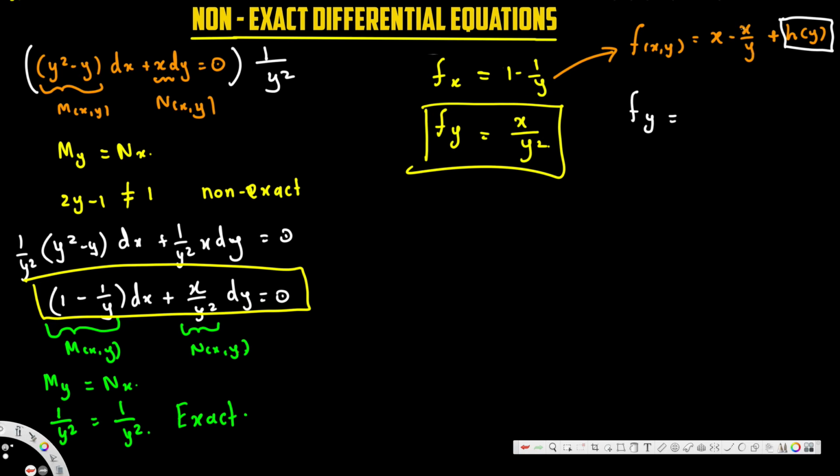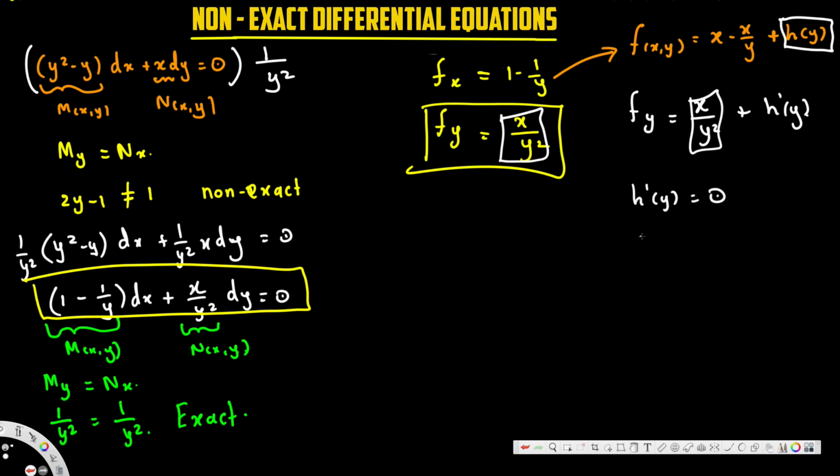We are doing the derivative with respect to y, so this is y to the power minus 1, the two minuses multiply and cancel each other, and this is going to become y to the power minus 2. So we will have x over y squared, and also this will become h prime of y. Now if you compare this one with this one, it looks similar, this part is the same, but here we have h prime of y, and we don't have anything here. It means h prime of y is equal to 0.